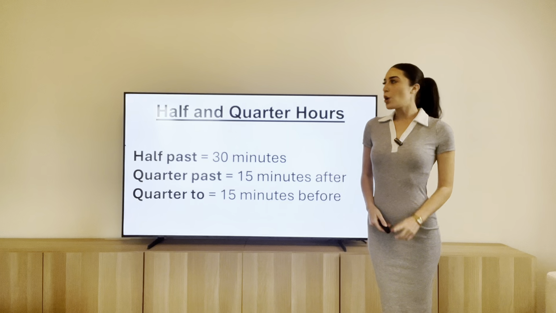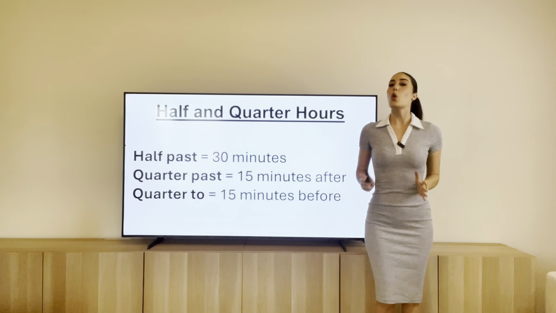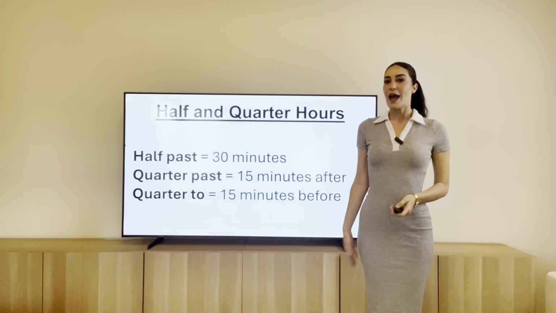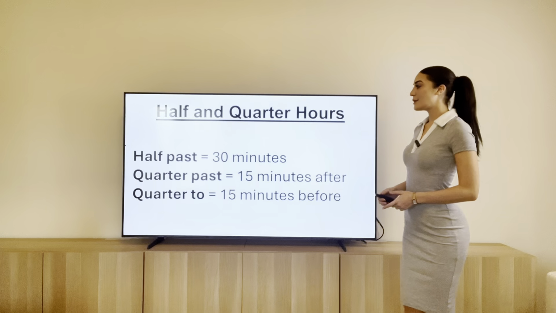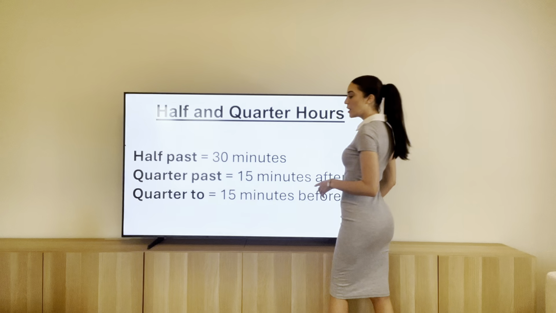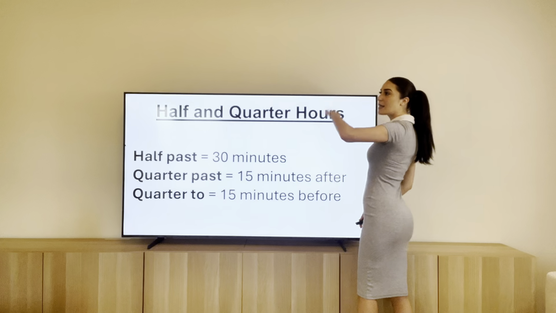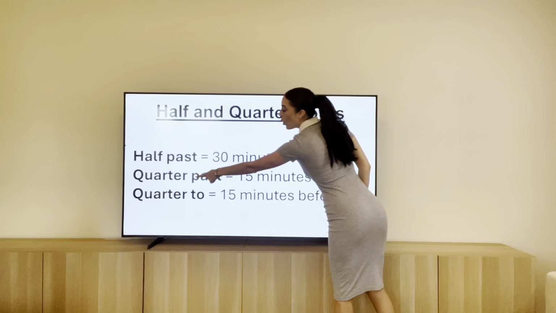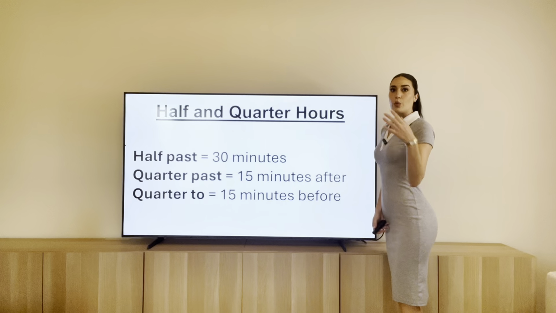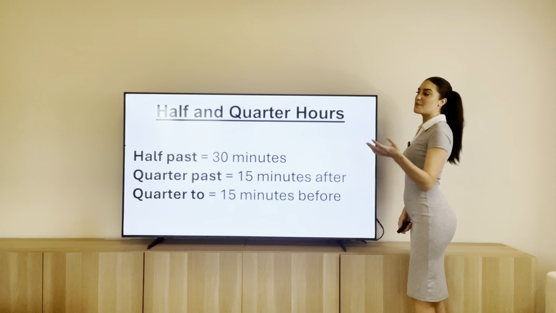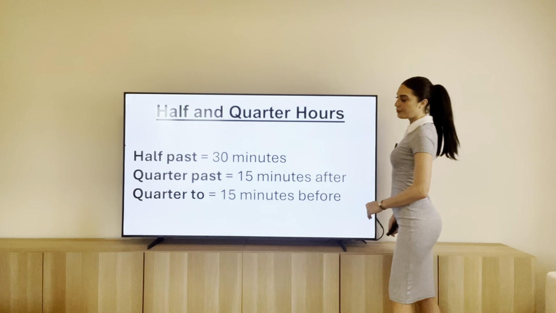Okay, let's now talk about half and quarter hours. So you can say half past, which means 30 minutes has gone past. You can say quarter past, which means 15 minutes after, or 15 minutes has gone past.